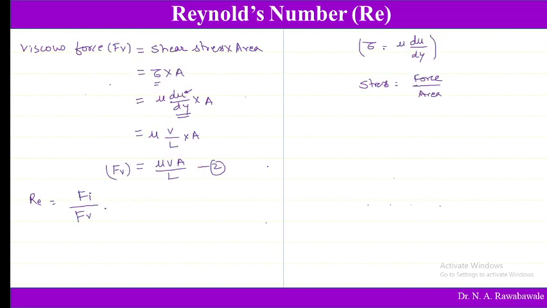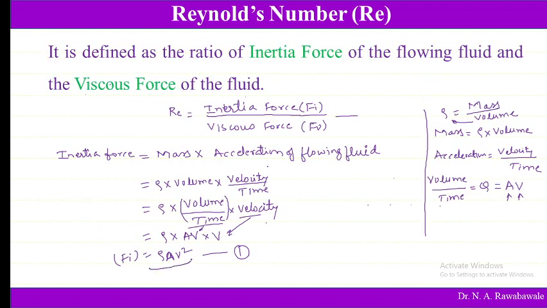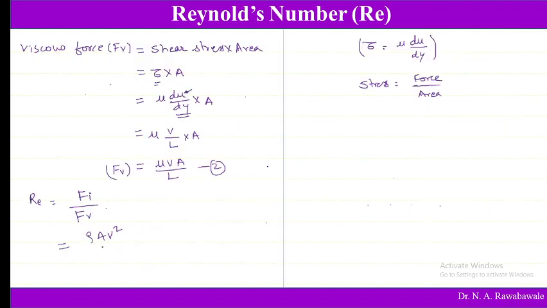Inertia force is given by rho A V square, according to equation number 1, divided by mu V A divided by L. So A gets cancelled.